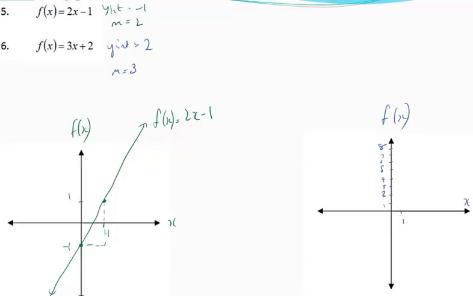So we cut through here our y-intercept here at 2. Our gradient is 3, so we go across by 1 and up by 1, 2, 3 to 5 here. And we draw our line in. So function of x is 3x plus 2 here.